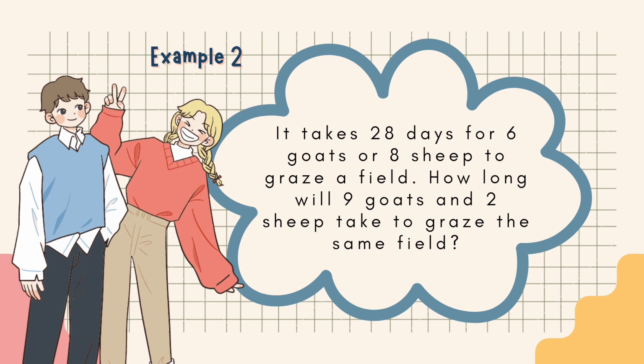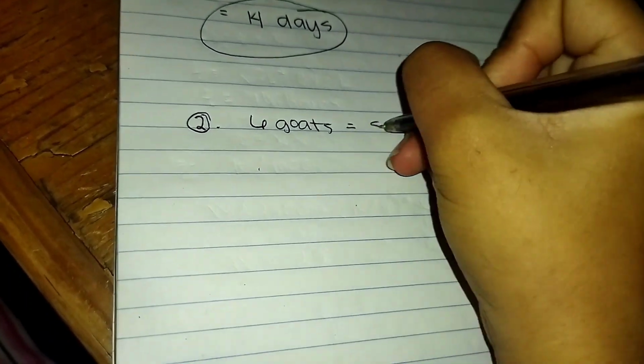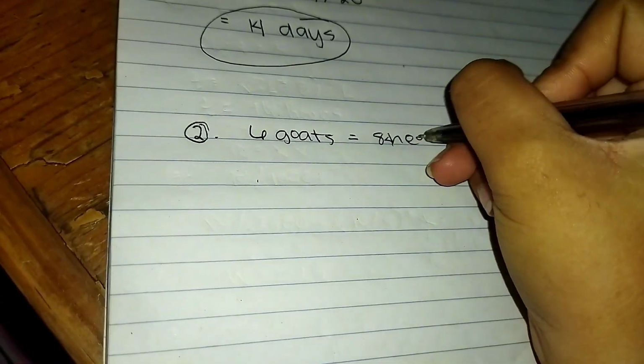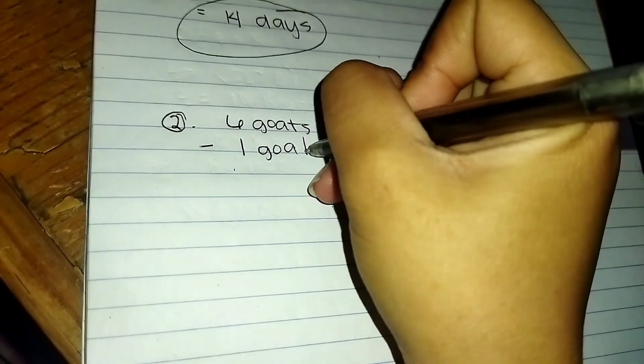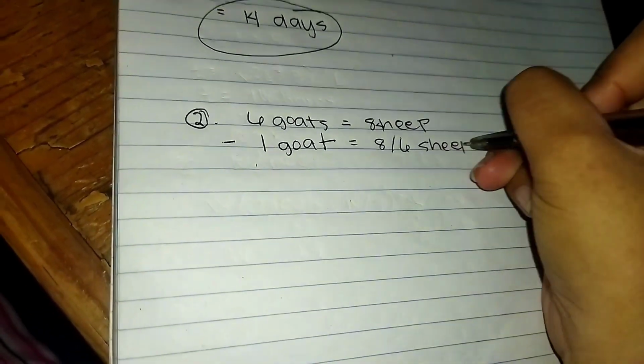Proceed to example number 2. It takes 28 days for 6 goats or 8 sheep to graze a field. How long will 9 goats and 2 sheep take to graze the same field? For the number 2 solution, 6 goats is equal to 8 sheep. So, 1 goat is equal to 8 over 6 sheep.